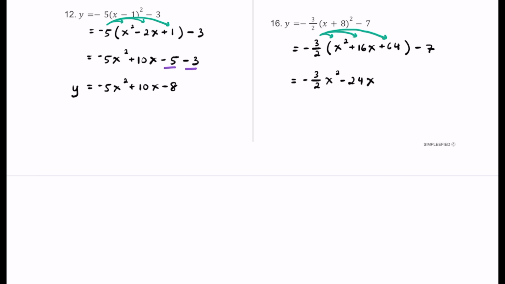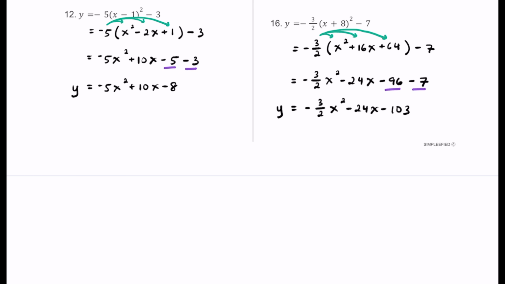So that's going to be a -96. And then we have this -7 on the outside. Finally, at the end, we'll combine this -96 and -7, those constants. So we have -3/2 x squared minus 24x minus 103. So that's our equation written in standard form, where a is -3/2, b is -24, and c is -103.